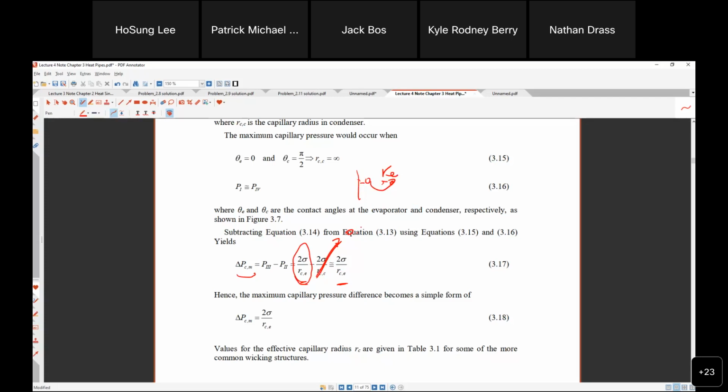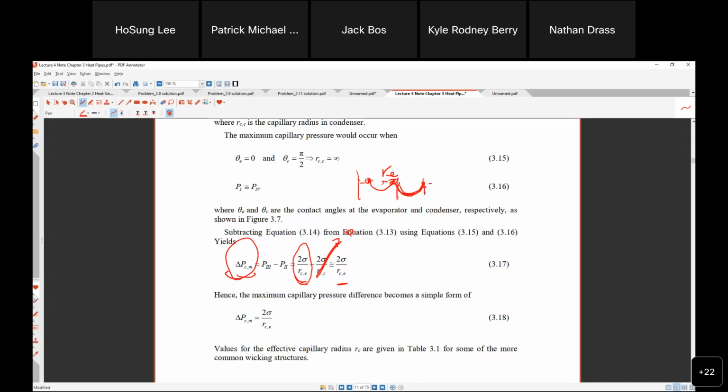The radius at the evaporator is the source, the wick distance is the source of capillary. Why does that one not use the cosine theta? Cosine is assuming a hemisphere, we assume. So theta is 0.